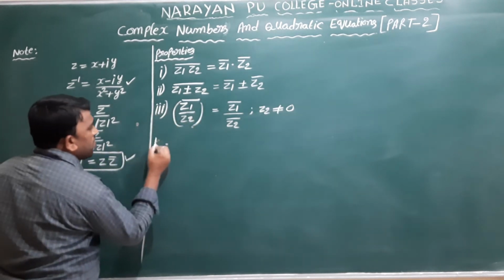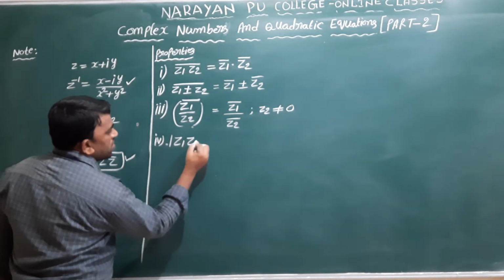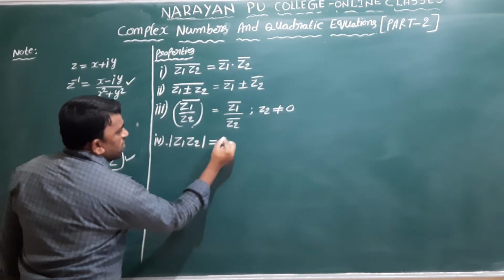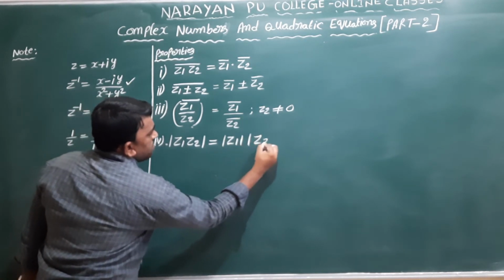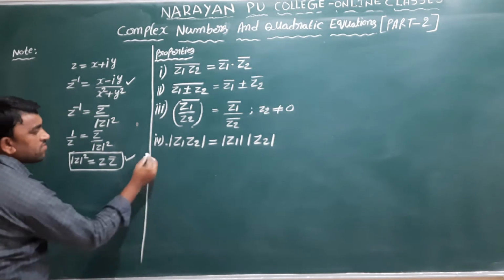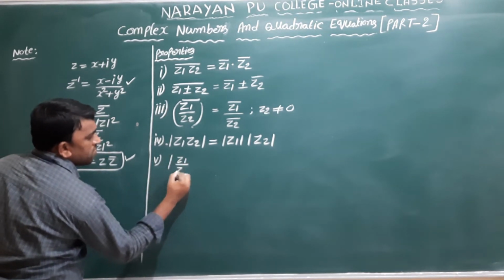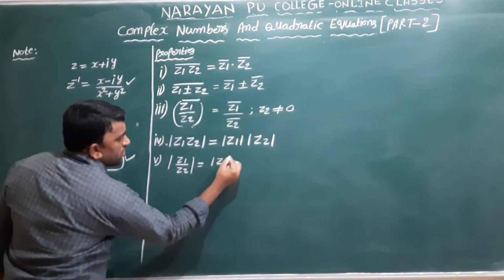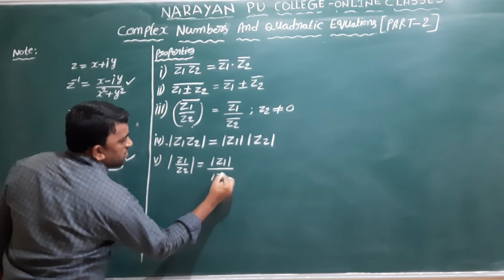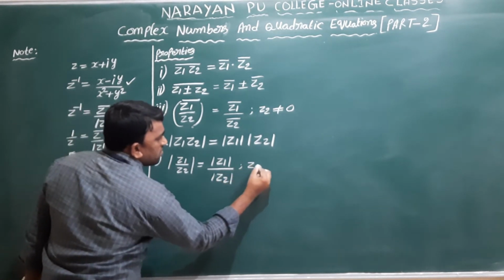Next, coming to the modulus, the modulus of z1 into z2 is equal to modulus z1 into modulus z2. The modulus of z1 by z2 is modulus z1 divided by modulus z2, provided z2 is not equal to 0.